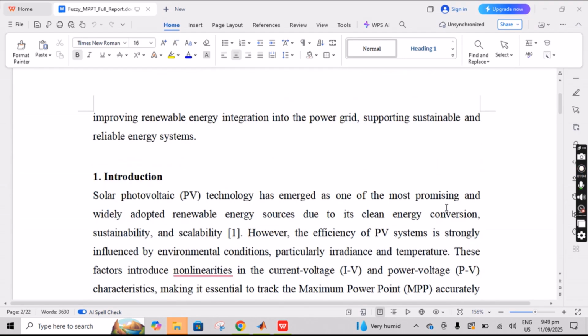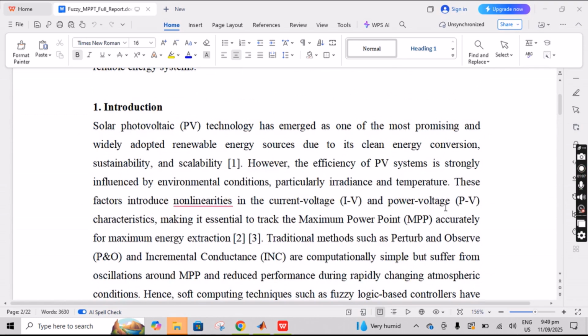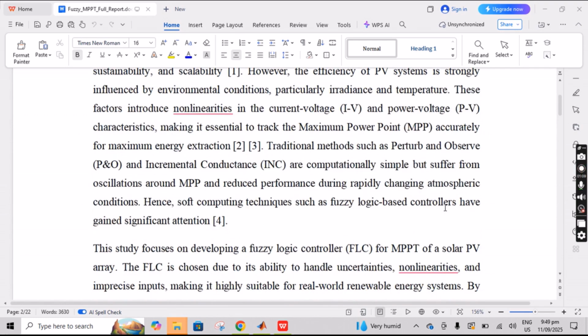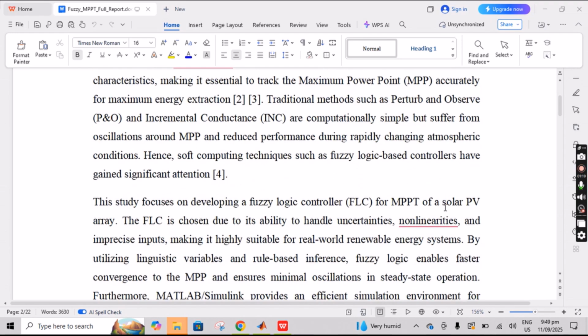So here is the introduction of the complete ontology. It uses the incremental conductance method, which also suffers from oscillations around the maximum power point, and it uses the P and O method, perturb and observe, as well.